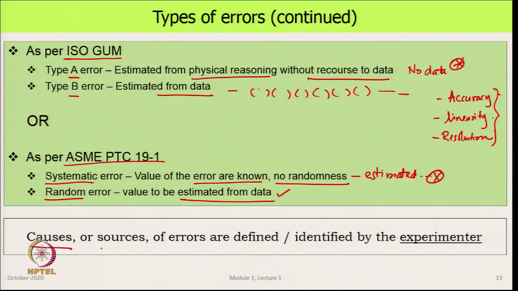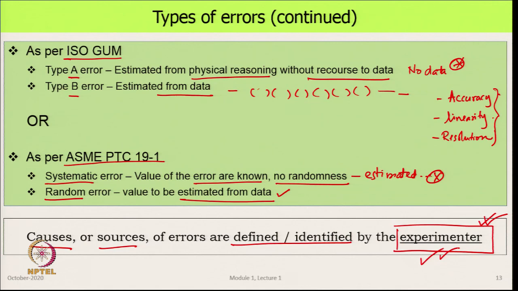The causes, the sources and their definition are the responsibility of the person doing the experiment. It is entirely the prerogative of the experimenter to say what errors are coming in this particular case, how to classify them, and then how to quantify them. All of this is the job of the experimenter.